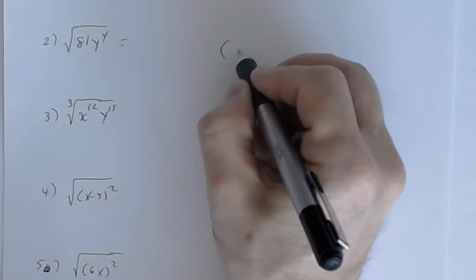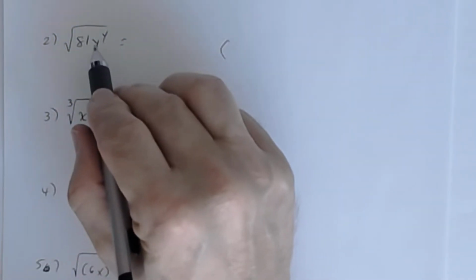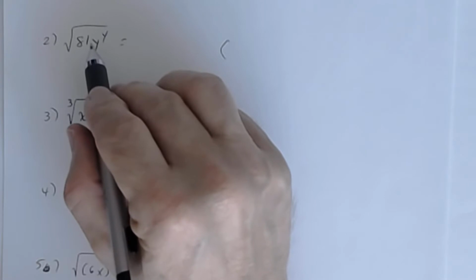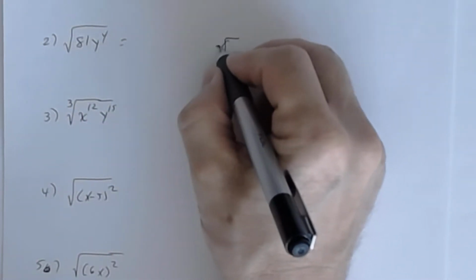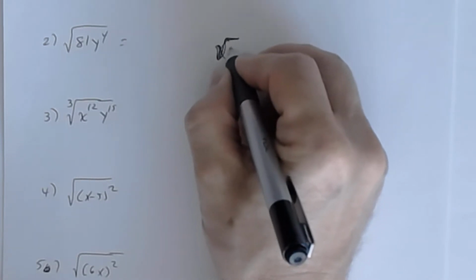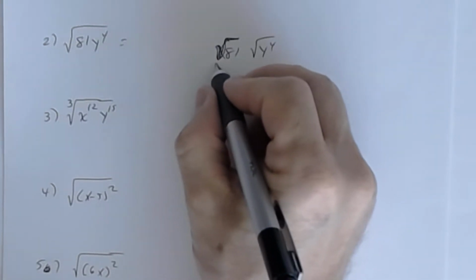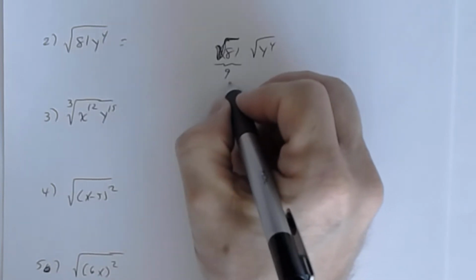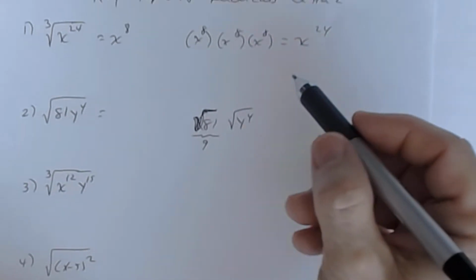So you ask yourself, well, first of all, what some of you probably did was you rewrote this as the product of two square roots. So you wrote this as the square root of 81 times the square root of y to the fourth. And you know that the square root of 81 is 9 because 81 is a perfect square. 9 times 9 is 81. And that same idea we did with this one.